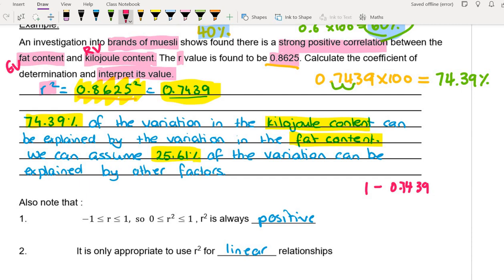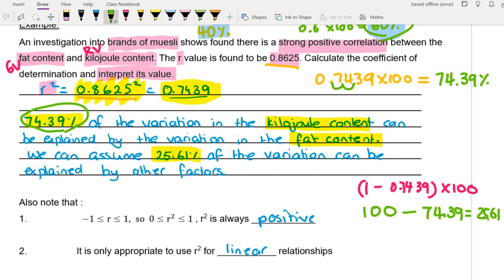Or you could just start with percentages: 100%, take the R squared away, and whatever's left, which is 25.61%, is the rest of it after the R squared value is taken away.